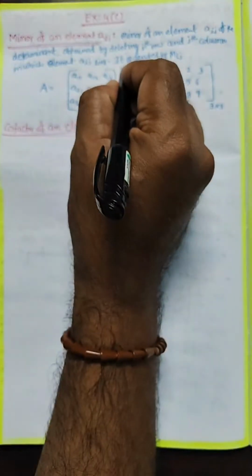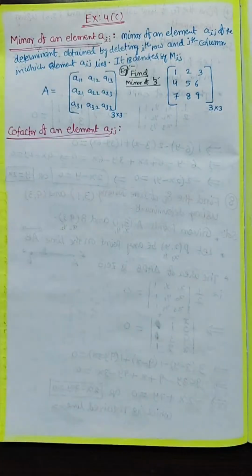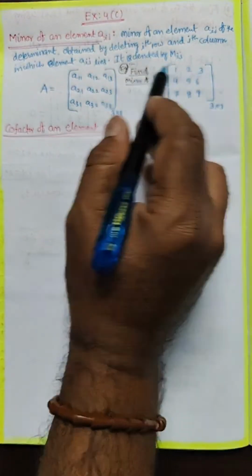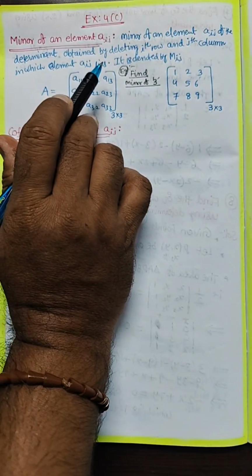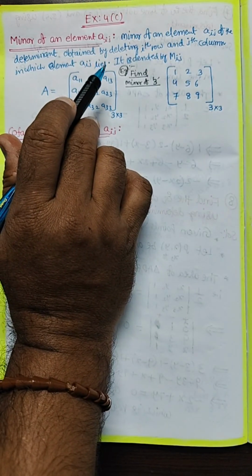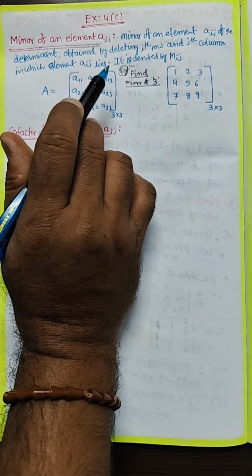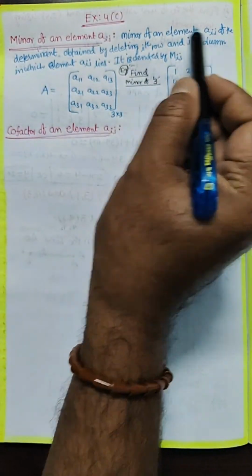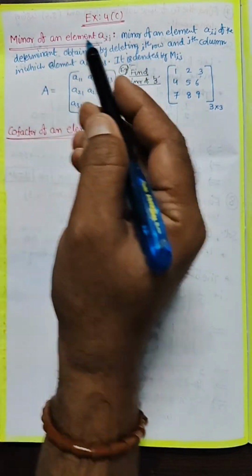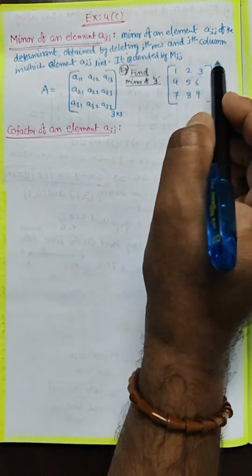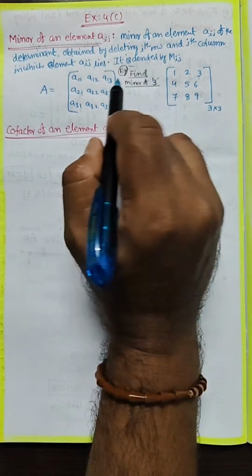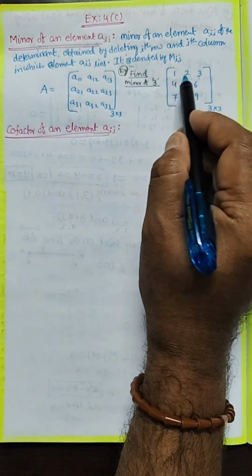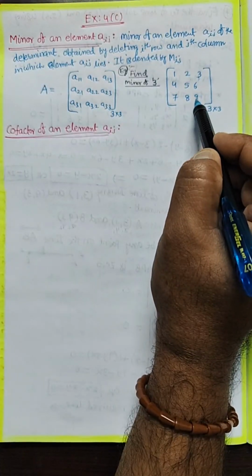See how we are going to do that. Find the minor of element 3. Based on the definition, the minor of an element Aij of the determinant. In which place will this element 3 be? A13, the first row, third column element.